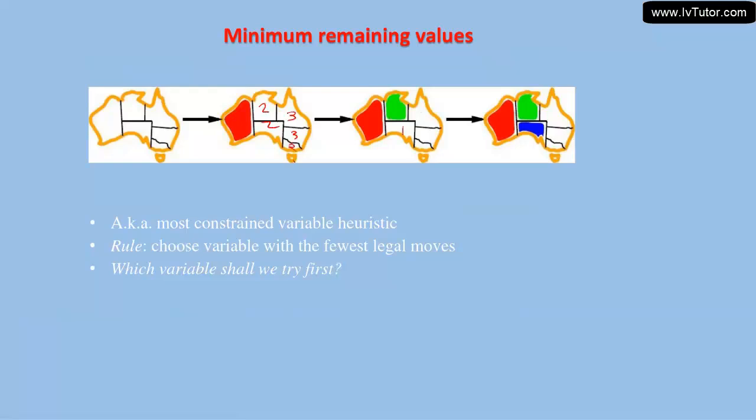When you assign green, you have 1, 2, 3, 3, 3. When you assign blue, you have 1, 2, 2, 3, and you continue like that. Right. So the rule, we say choose variable with fewest legal moves.